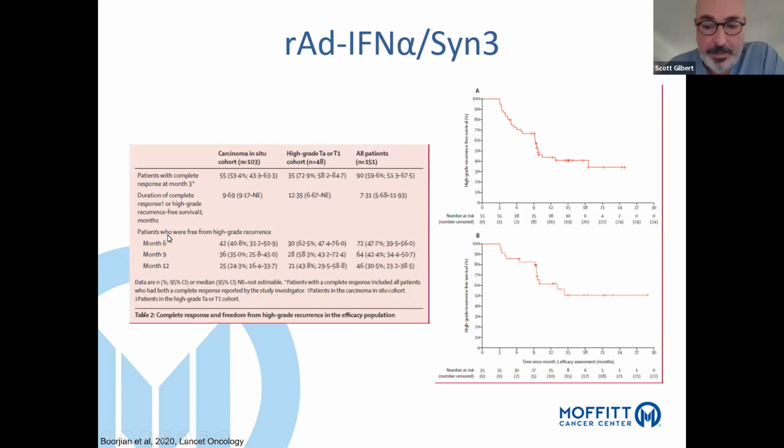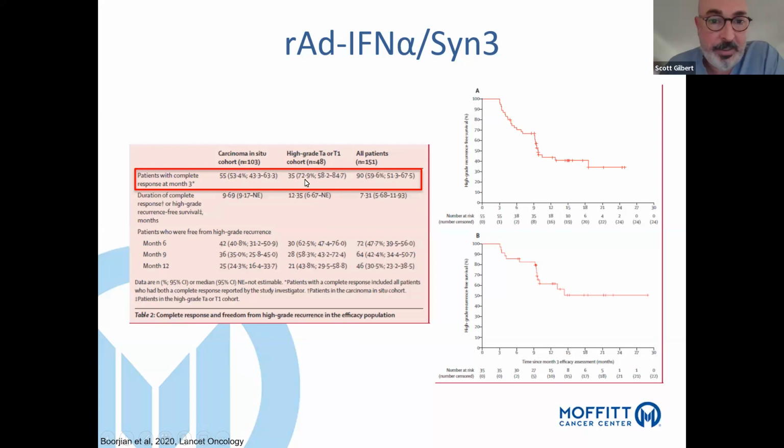And so complete response rates at 3 months, again, that 3-month end of study marker that the FDA has accepted as an endpoint for evaluability: 53.4% of the CIS patients had a complete response. And in patients who didn't have any CIS, it was much higher.